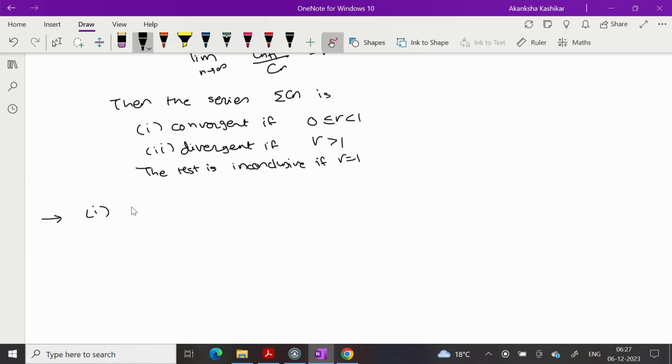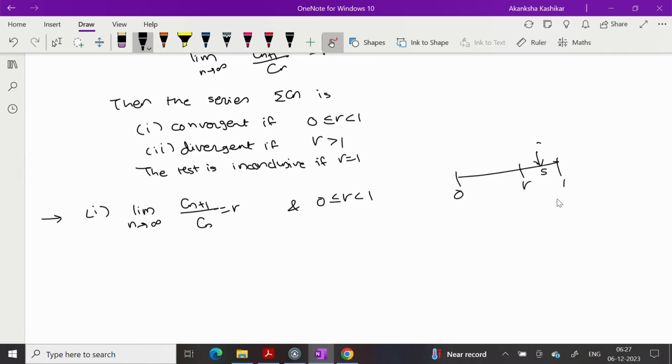So what I know is limit n going to infinity Cn plus 1 upon Cn equal to r, and 0 is less than or equal to r is less than 1. Now I have 0 here, 1 here, r is somewhere here. So I can always find some s which is between r and 1. For example, I could take r plus 1 by 2.